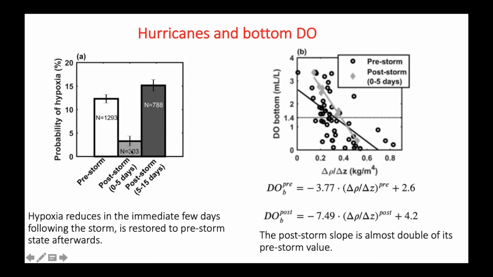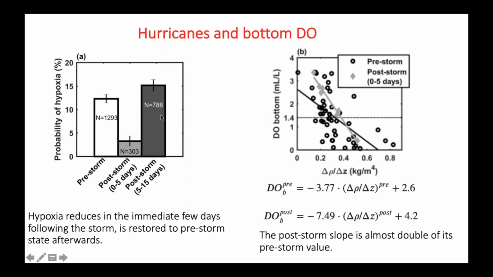I mean, it's not completely gone, but it is reduced significantly. And then again, when you look at this second post-storm period of 5 to 15 days, hypoxia increases back to the pre-storm state, and sometimes it could even exceed the pre-storm state slightly because there's more nutrient loading from the Mississippi River.